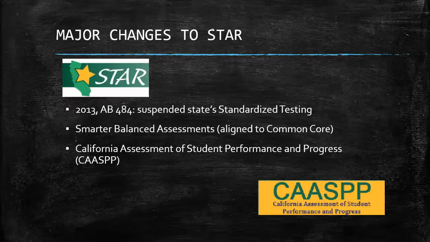So the new program being worked out by the legislators up in Sacramento is the California Assessment of Student Performance and Progress, the acronym CAASPP. This new program is still in the works. It won't really be implemented for another 2.5 years. We're starting to see it come down the line, but we're still a couple years off.